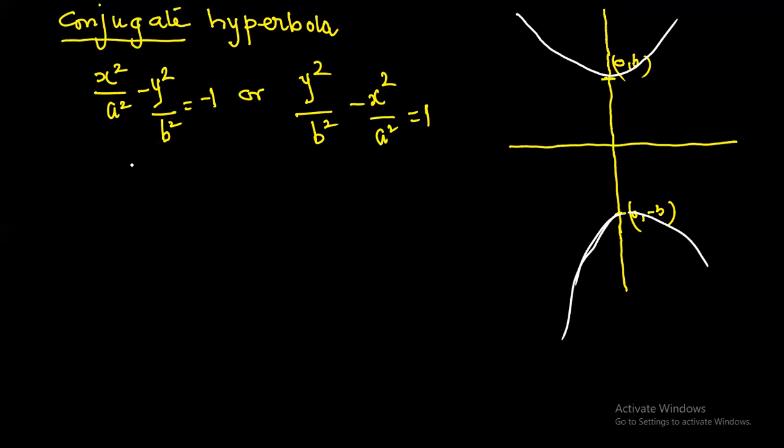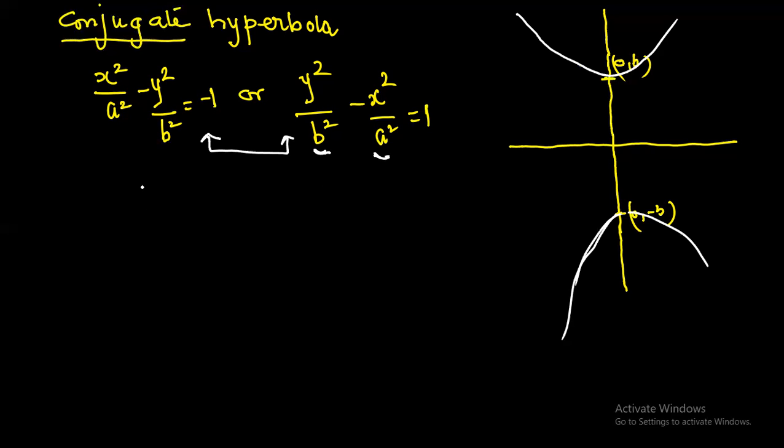Now for both these things you can see that it is the same. If I multiply by minus, it will become like this. So my sign has never changed. The y square denominator is always written as b square, and the x square denominator is written as a square.